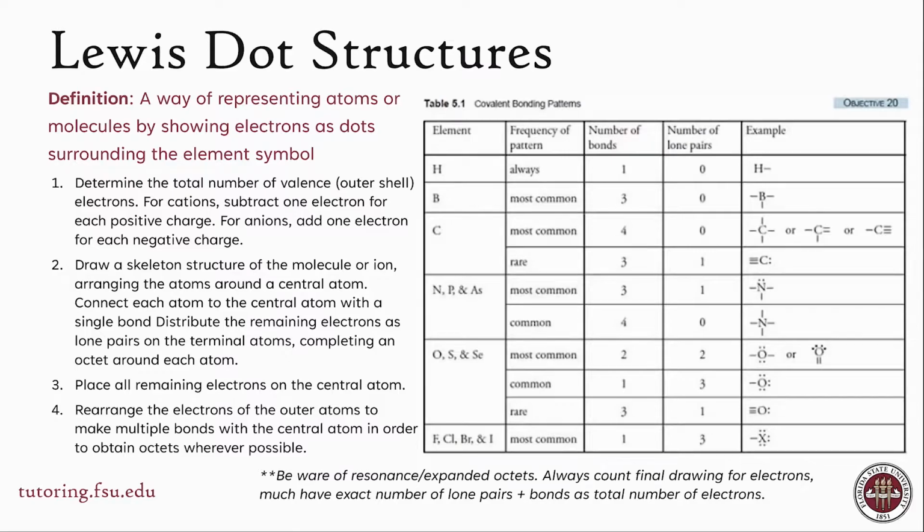And once you create the bonds that you would expect, you add in the remaining electrons to the central atom. And then you rearrange the electrons in the outer atoms to best fulfill the octet rule if possible. So that was a lot, but we will go through some examples.